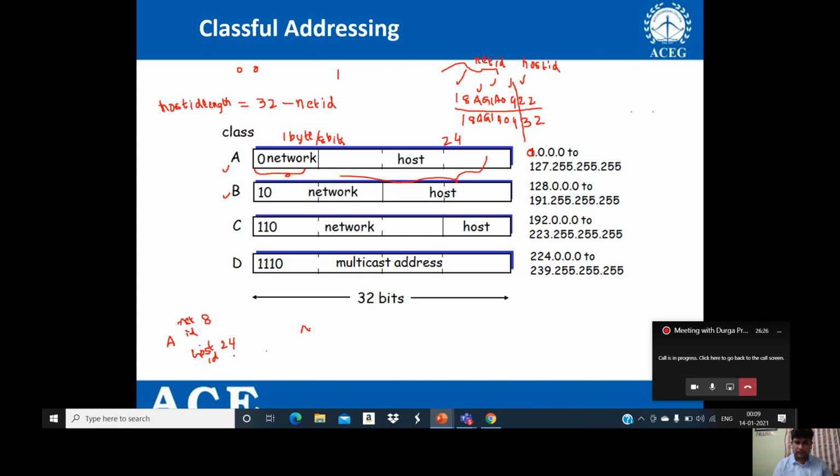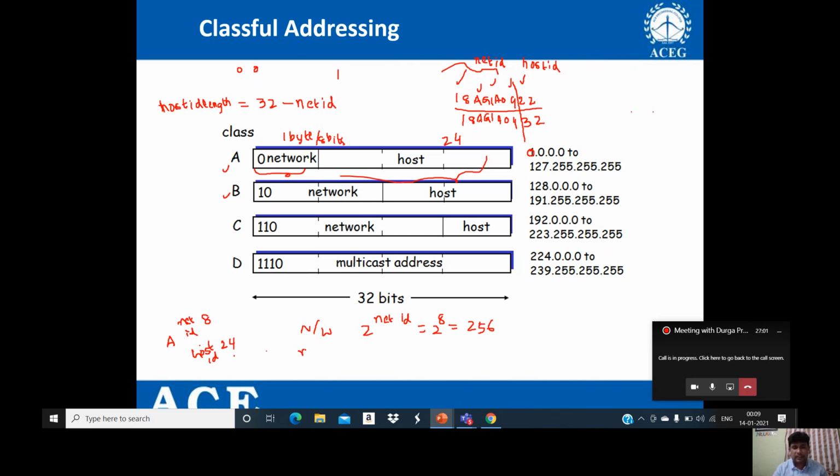Total networks possible is given by the formula 2 to the power of network ID length. So in class A, the total number of networks that can be formed is 2 to the power of 8, which is equal to 256.